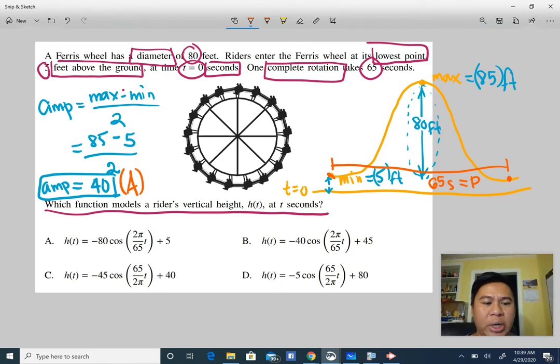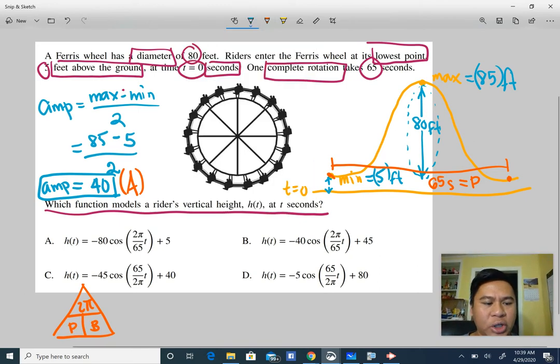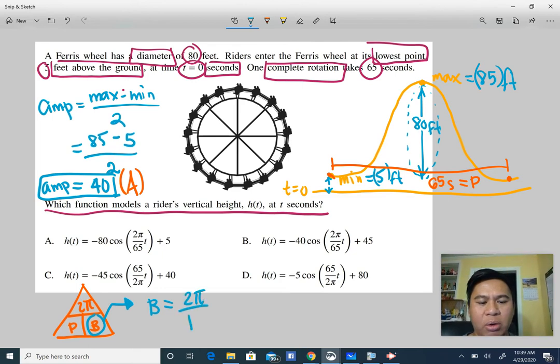To get our b value, let's use our triangle with 2π on top, and the p and the b at the bottom. I interchange the p and b values because I simply want to get the b value. Therefore, b equals 2π over p, which is 2π over 65.